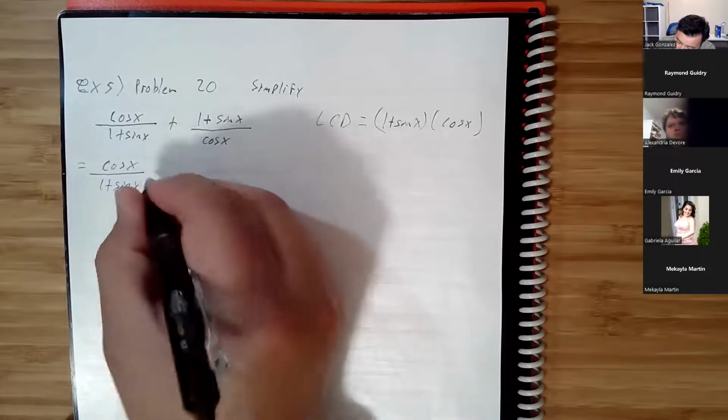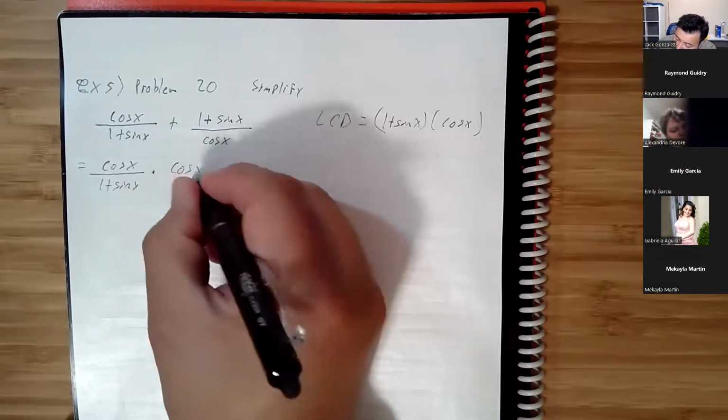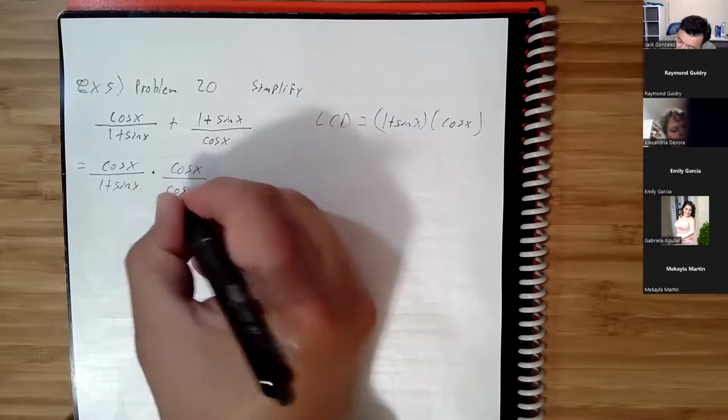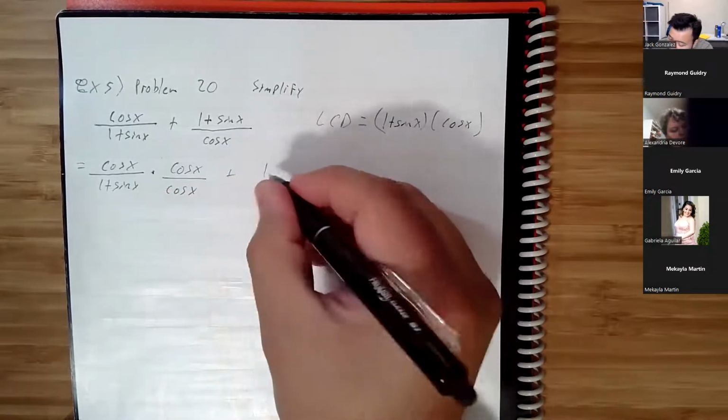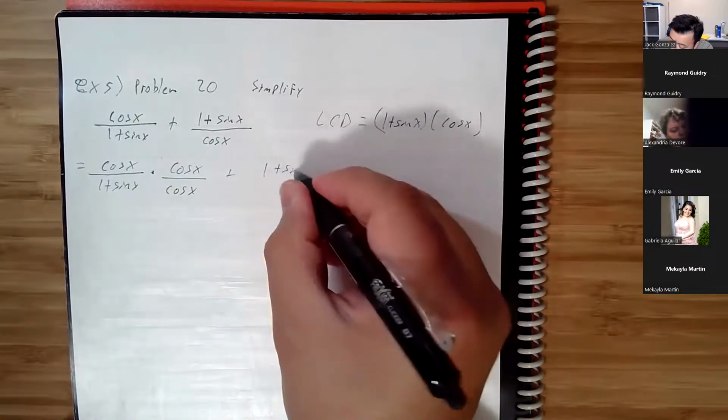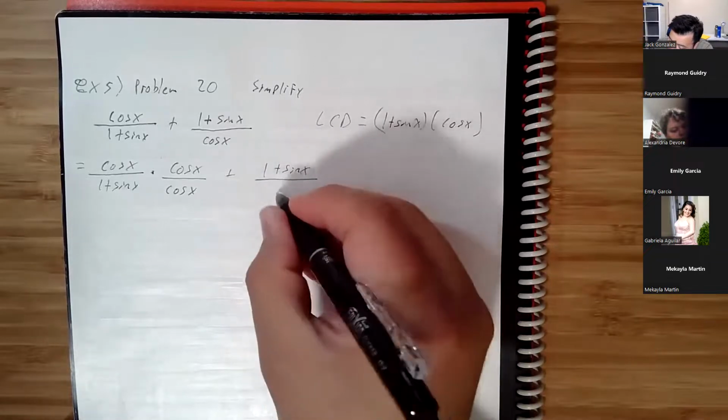This one will need you to multiply by cosine over cosine to get the LCD. And this one will need 1 plus sine, the second fraction.